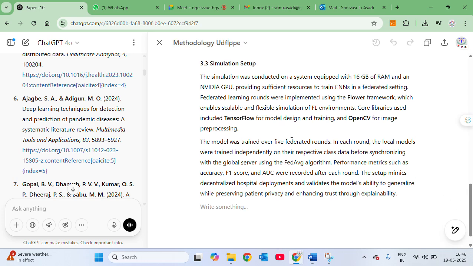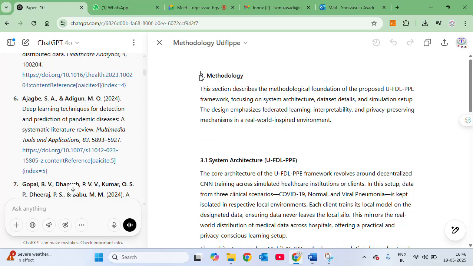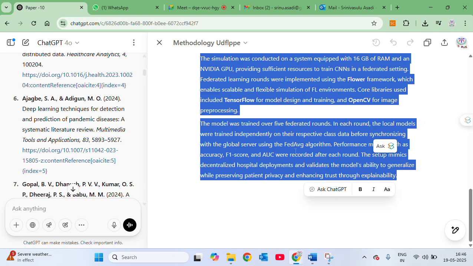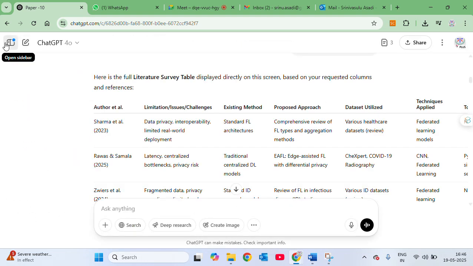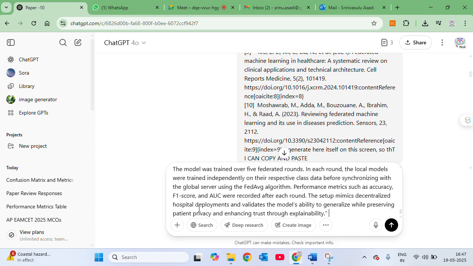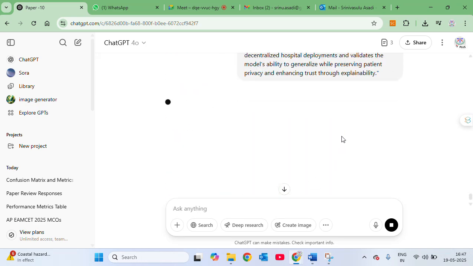Now we need to paraphrase like this: paraphrase and make it into humanoid text for this data. Now methodology I am preparing.